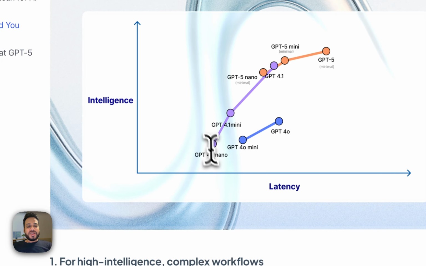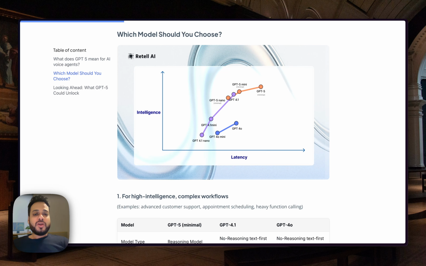This spot right here is still claimed by GPT 4.1 Mini and 4.1 Nano, which gives a fine balance between intelligence and latency. But again, the intelligence part will depend on how complex your prompt is, what things you want to do with your agent. Does your agent go only forward, or can the user turn it backwards?